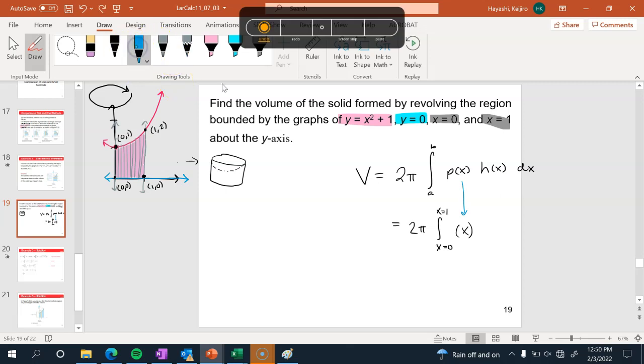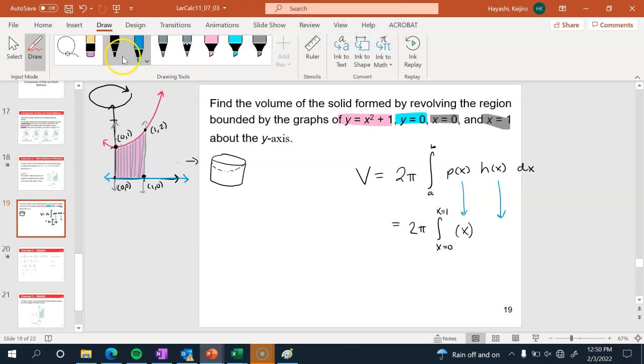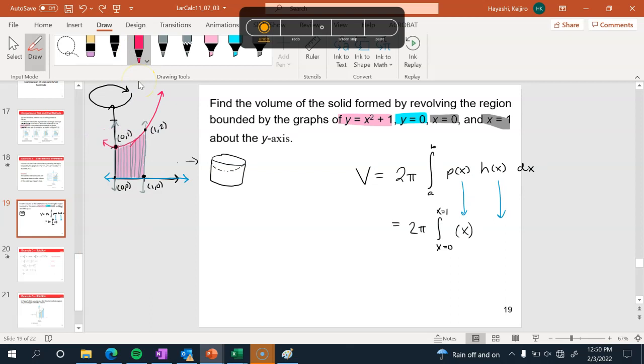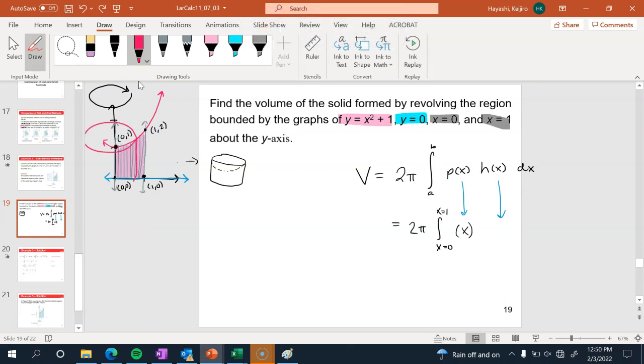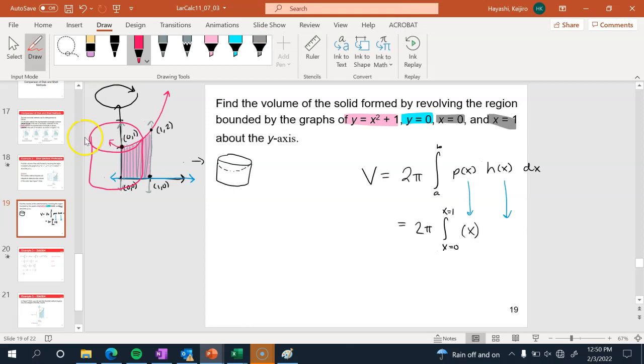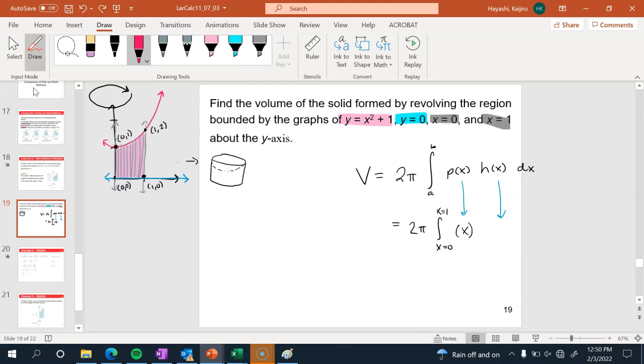The height of these little hollow cylindrical shells is just given by this function here, y equals x squared plus 1. That's what's going to determine the height of each of these shells as you go and collect them up. So the height is just x squared plus 1.